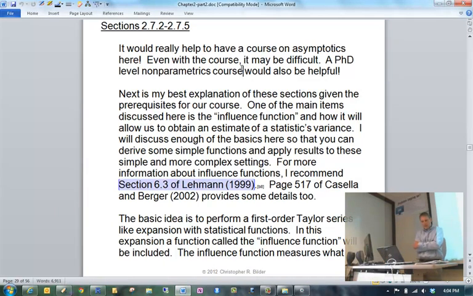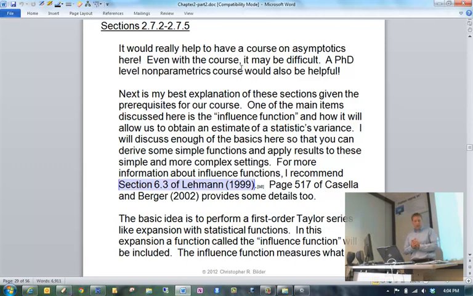Okay. So we're going to talk about something called an influence function. Influence functions are sometimes introduced in the asymptotics course, and they are always introduced in a PhD level non-parametrics course, which we do not have here. What influence functions are used for is to measure the robustness of a statistic.